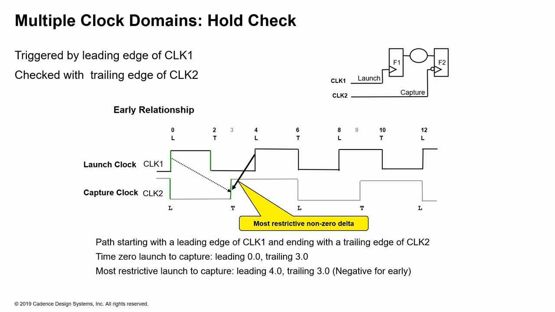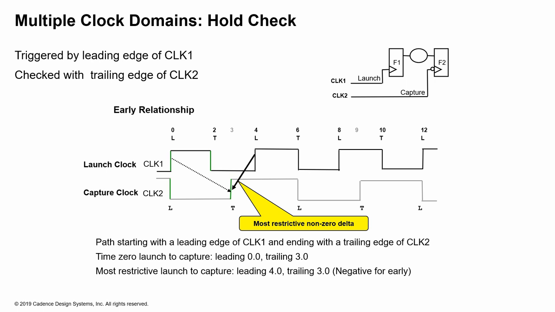Now if we look at the launch at 4 and the trailing edge at T3 still hasn't completed saving, then that is necessarily the most restrictive edge, and therefore the hold requirement is done at T3 for the hold check.